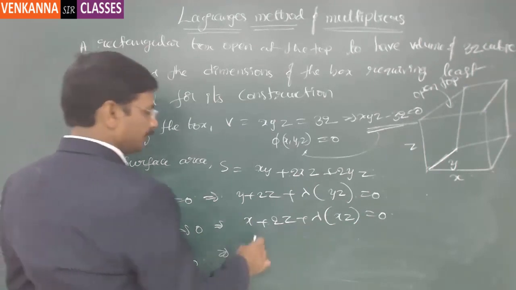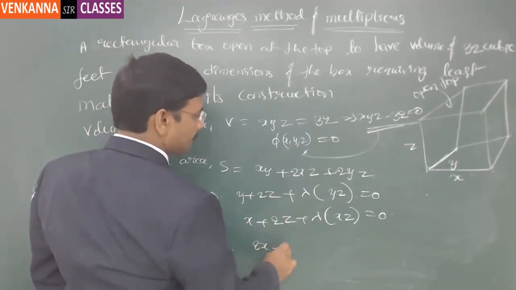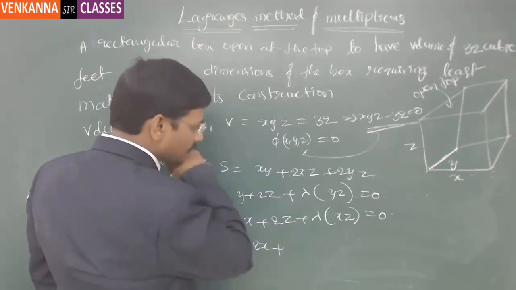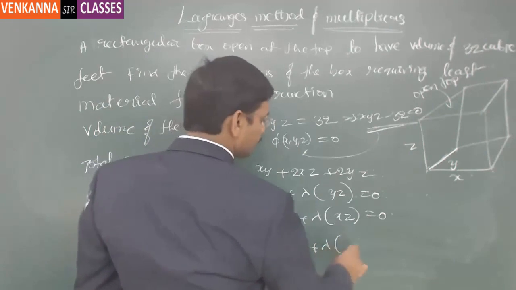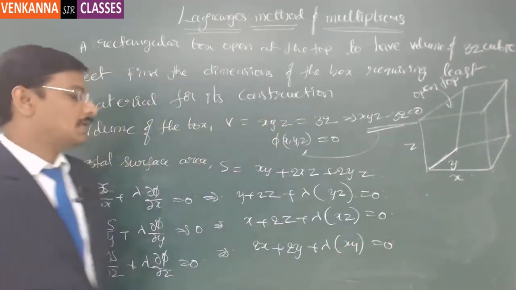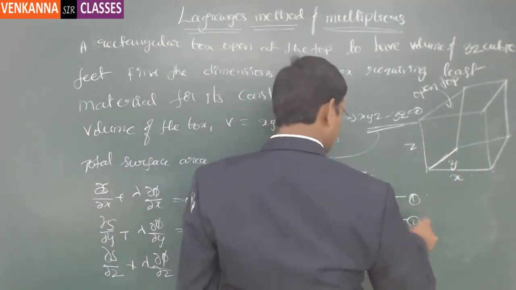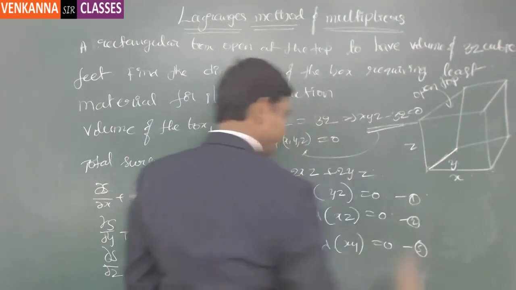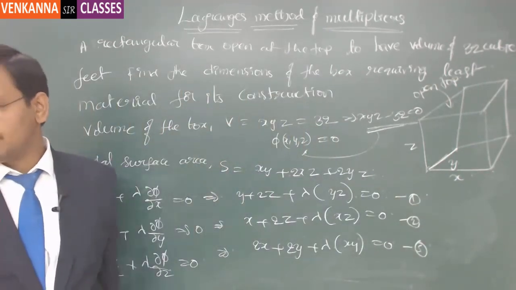It implies this is 0 plus 2x plus 2y plus lambda times xy is equal to 0. So these are the three different equations we have got. This is 1, this is 2 and this is 3. Got it? Note down till this point.